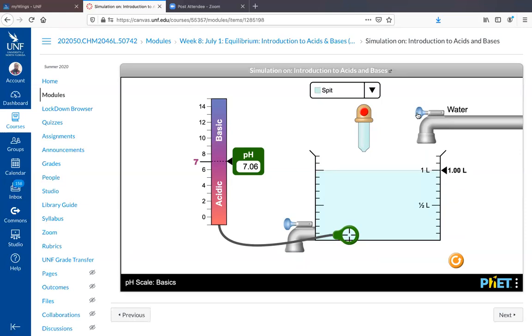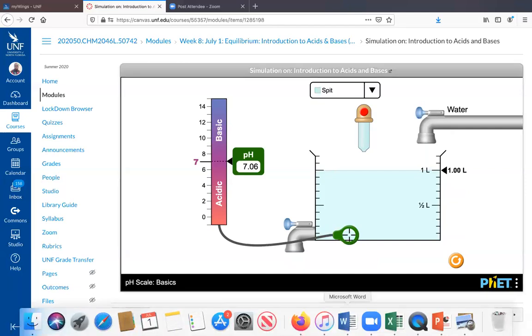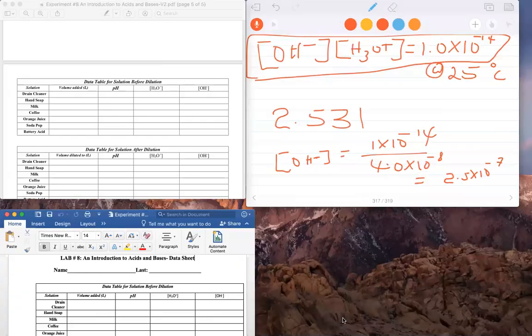Yes, that is where you want. And this is the pH after the dilution. You'll do the same thing and fill the data table right here. What is the pH? You write it down, you calculate the hydronium concentration, and you go in there.